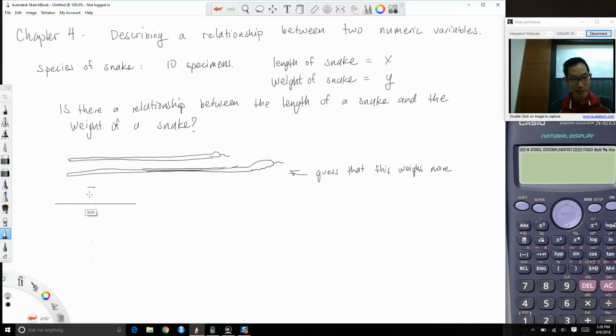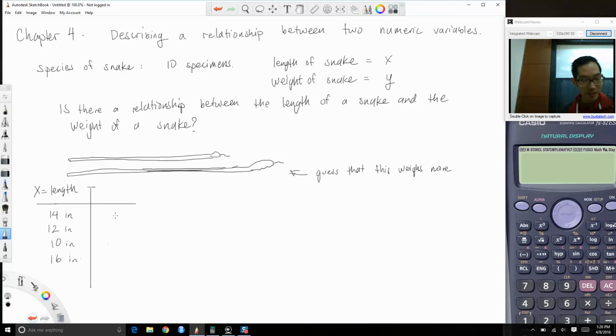So let's say x is the length. I don't know, let's say these are little snakes, so they're 14 inches and 12 inches and 10 and maybe 16.